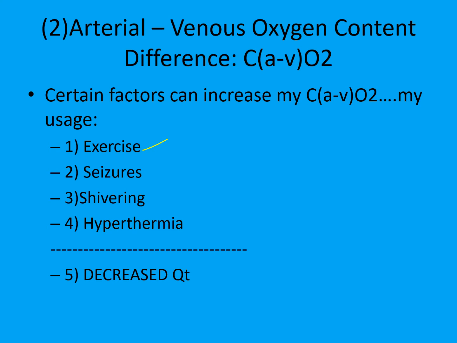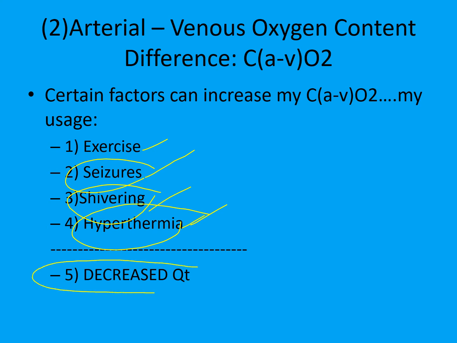Pretty cool stuff. If someone's seizing, that will increase the gradient because their muscles are working overtime. Shivering, muscles working overtime. Hyperthermia, muscles consuming a lot of oxygen and producing a lot of CO2, or even a decreased cardiac output. What is that doing there?